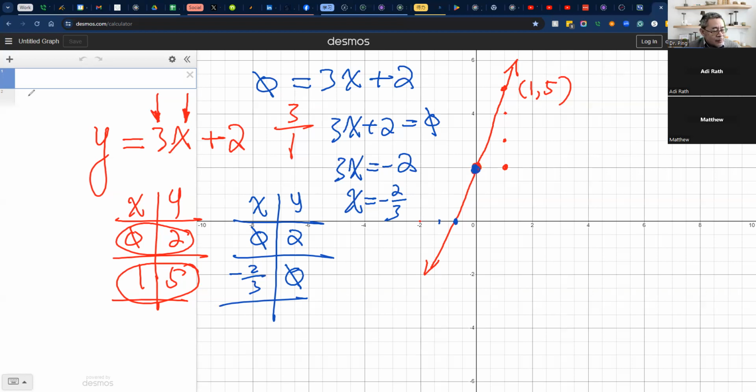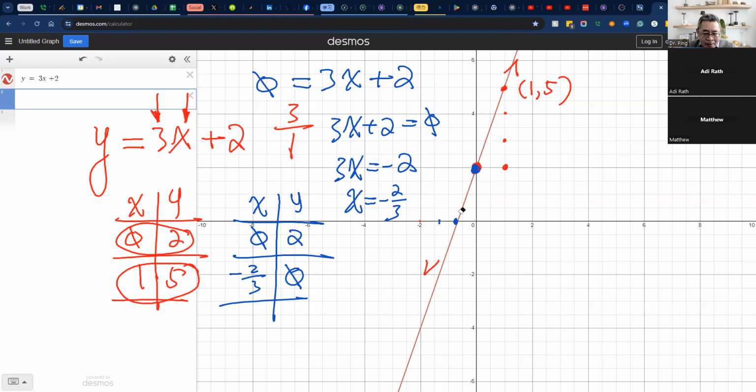I want to show you the nice thing about this DOS tool. We actually can type in the function y = 3x + 2. They'll draw that for us. Okay, so it was pretty clear, close. If you're looking at the drawing here, of course, I can get the y-intercept close, (1, 5) pretty close.